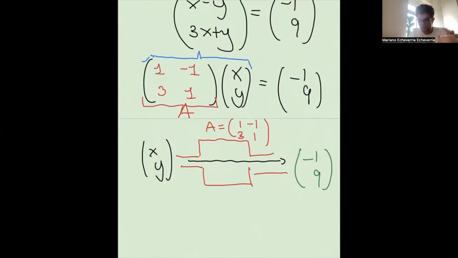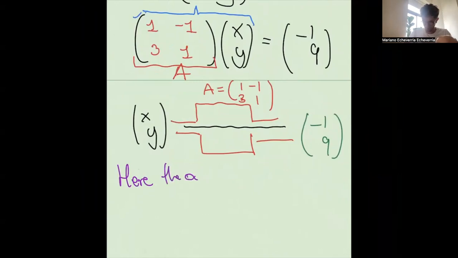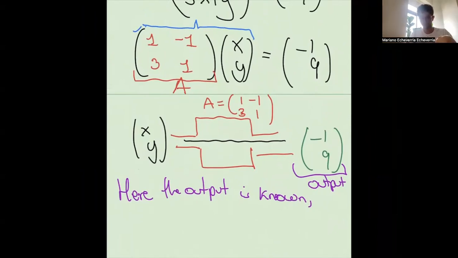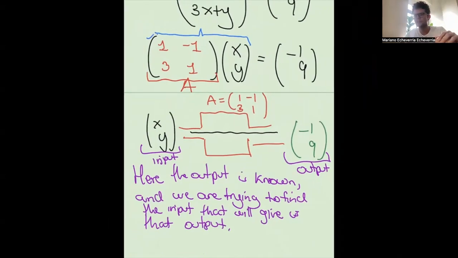So here in this problem, the output is known, and you're trying to find the input that will produce that output. Is that making sense so far, so good?